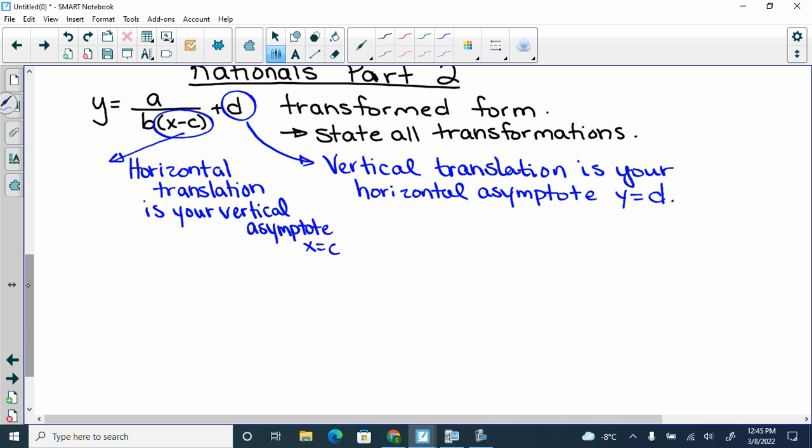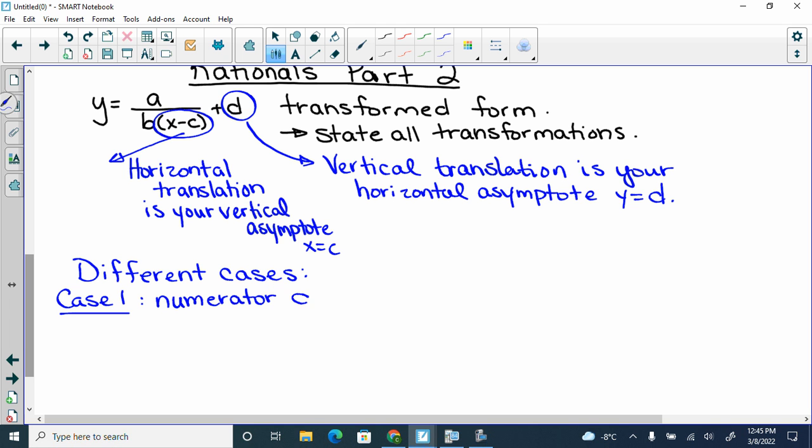So we're going to look at the different cases. So this would be case 1. Numerator degree less than denominator degree.